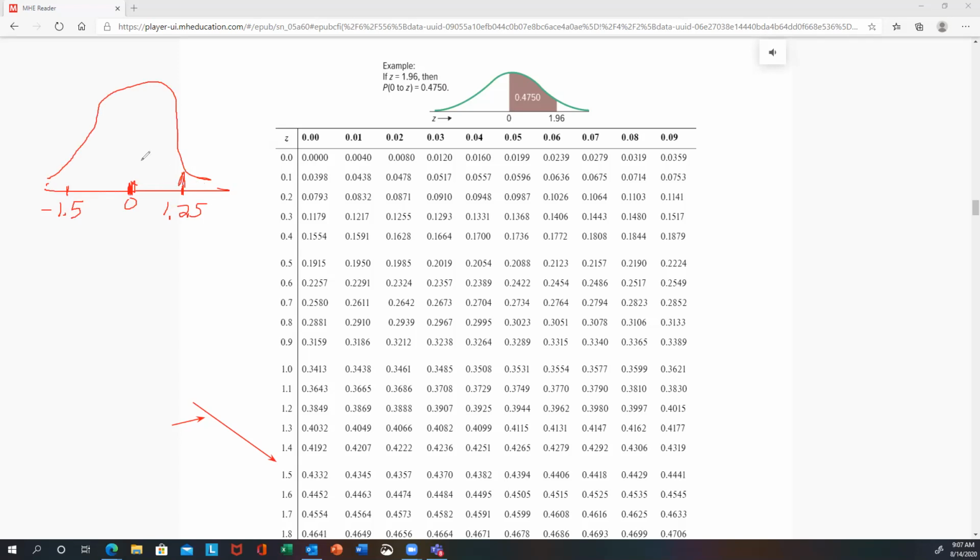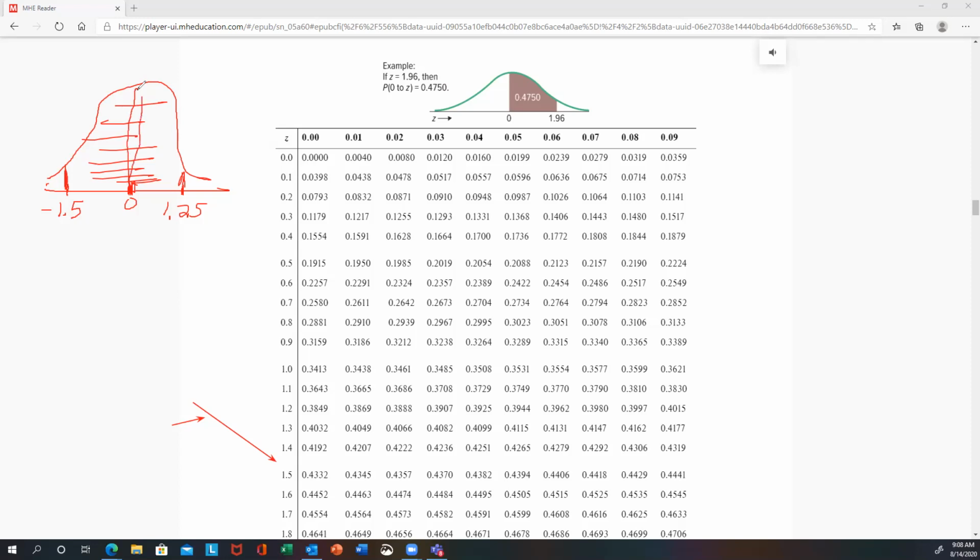So I'm going to draw my area. And just to remind you, that's the area we're going to try to find. So in this case, if you go between 0 and a negative 1.5, we've got to find that area.